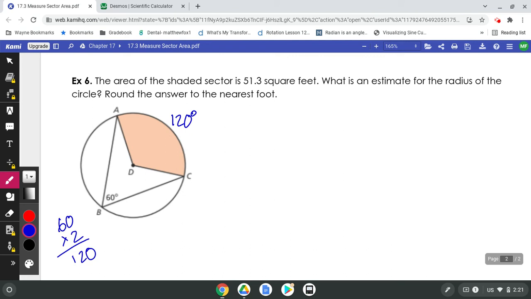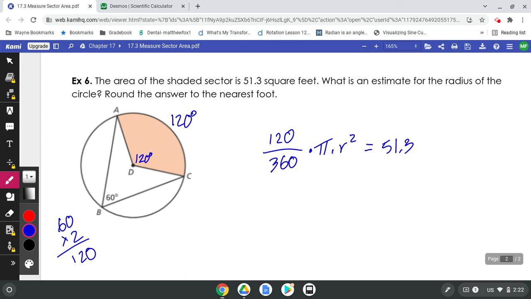It's a minor arc. Just a little review, angle ADC, remember D is in the center, so that is a central angle. That would also be 120 degrees. It's the same as the arc, but we don't need that for this problem. So once again, we know that 120 is the angle or the arc, so 120 divided by 360 times pi times r squared equals that 51.3.